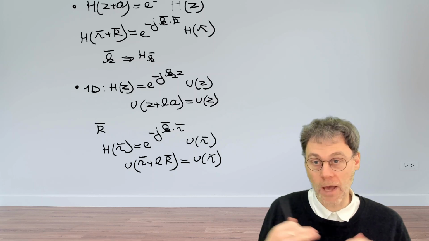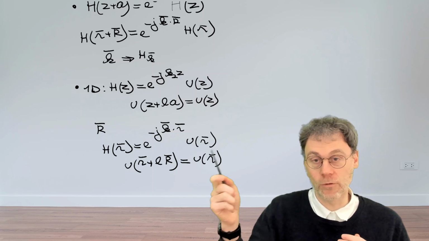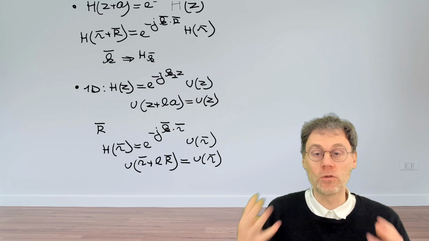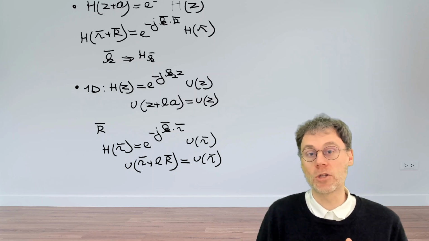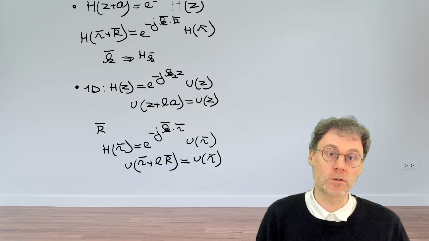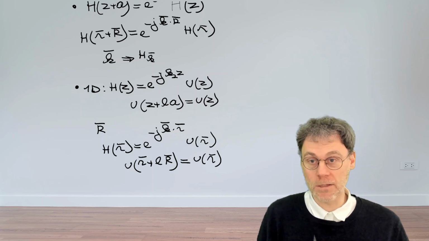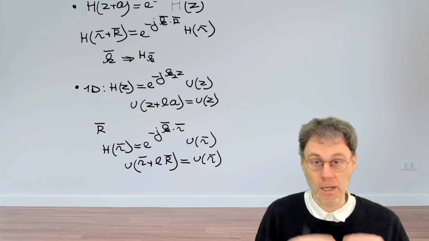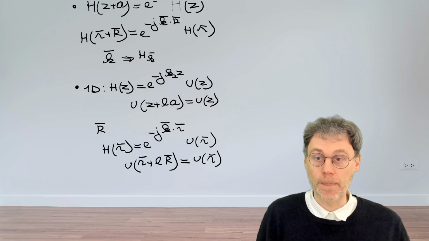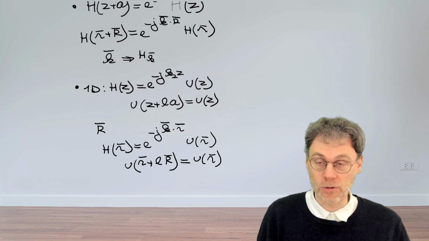At the moment, we haven't really shown that. We just have shown that for each direction, it's possible to write down something like this, where it's periodic only for the lattice vector that we are considering. So it would be cool to extend this such that u would be periodic in all directions, and that's indeed something very interesting to look at.